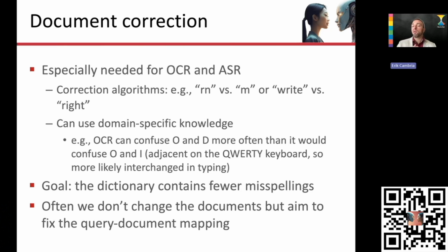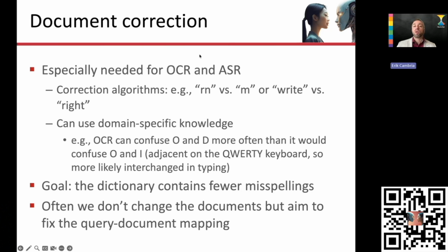If I have a misspelled word, how do I choose which word to replace it with? And that can be tricky depending on what my input system is. So if we are taking input through a QWERTY keyboard, I can expect different kinds of misspellings, for example, due to the fact that O and I are near in a QWERTY keyboard, so they are more likely to be swapped.